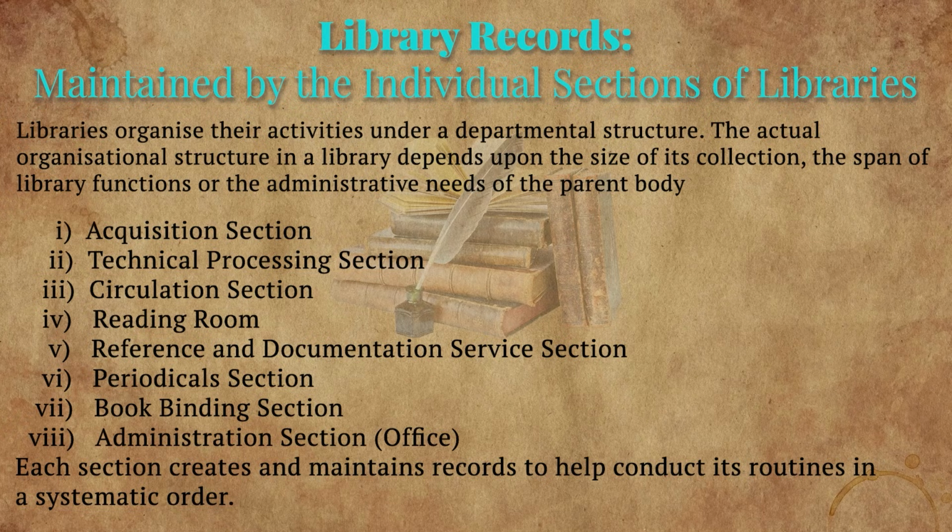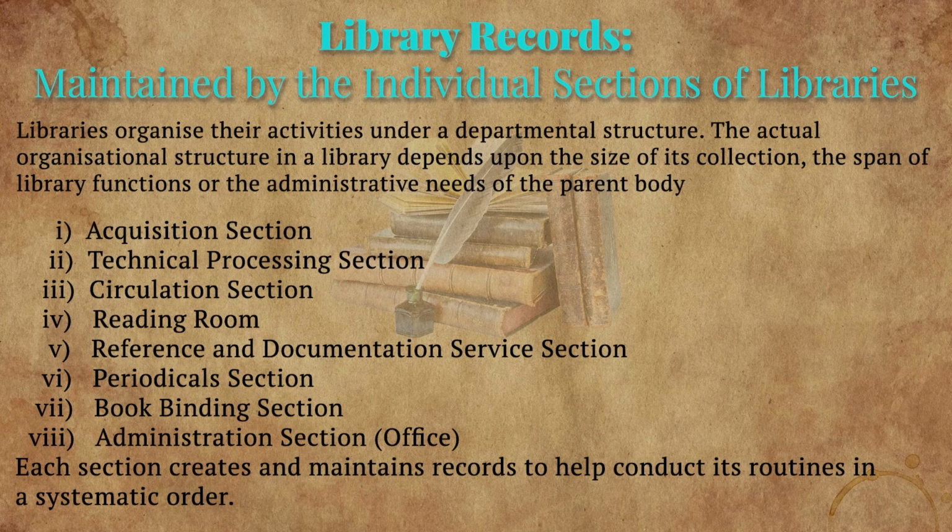Each section creates and maintains records to help conduct routine work in a systematic order, right? In some libraries they might have a thesis section, in some libraries an archive section, in some libraries a special collection section, in some libraries a manuscript section. So it is endless. That cannot be figured out in a slide or by anyone saying that these are the standard sections or departments or units of a particular library.